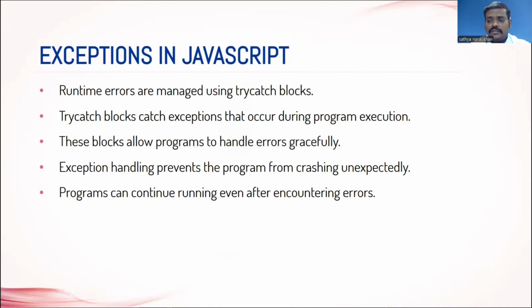Without any awareness, some errors will happen and the exception will break the particular web page. Programs can continue running even after encountering errors. Even if there is an error, the program can be executed and the web page can be displayed. That is the concept called exception handling.